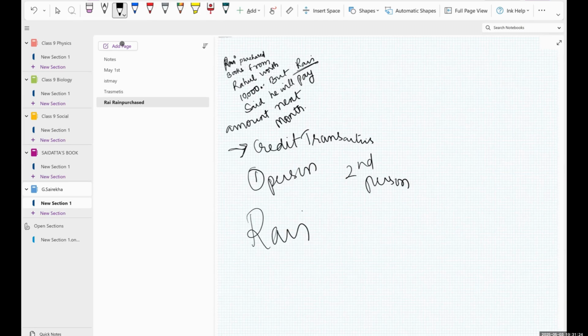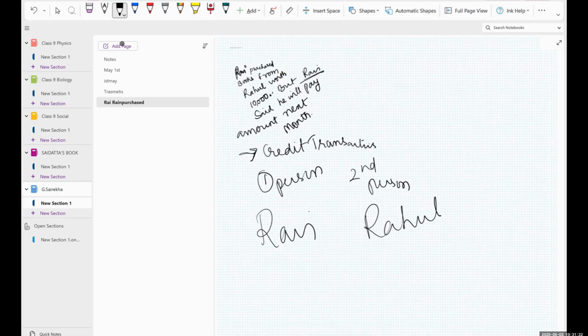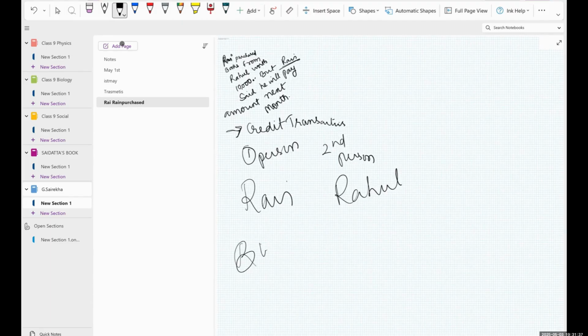Who is the second person? Rahul. Now, who is buying and who is selling? Rahul is selling the book. And who is purchasing? Ravi.